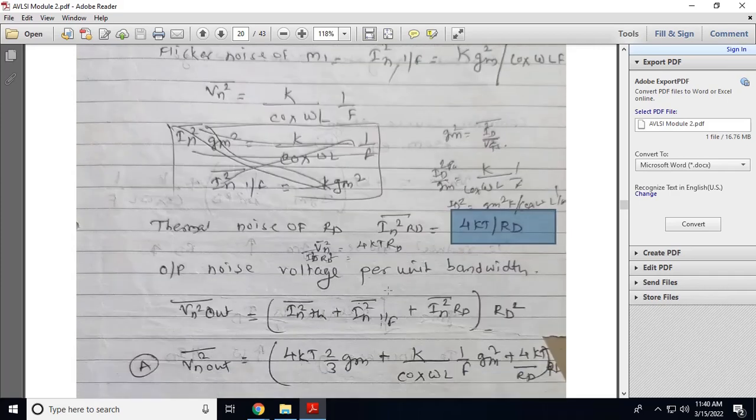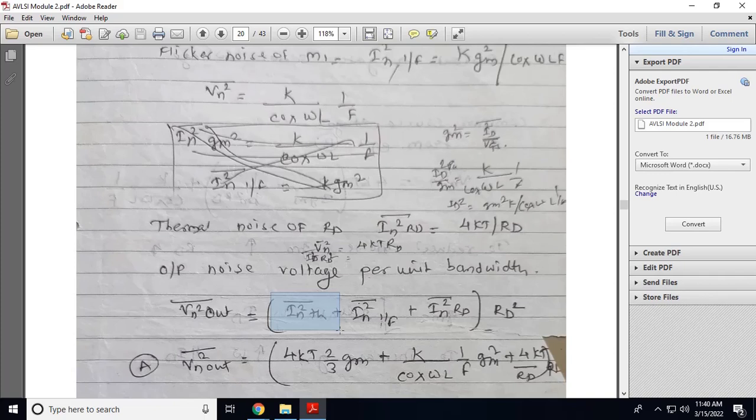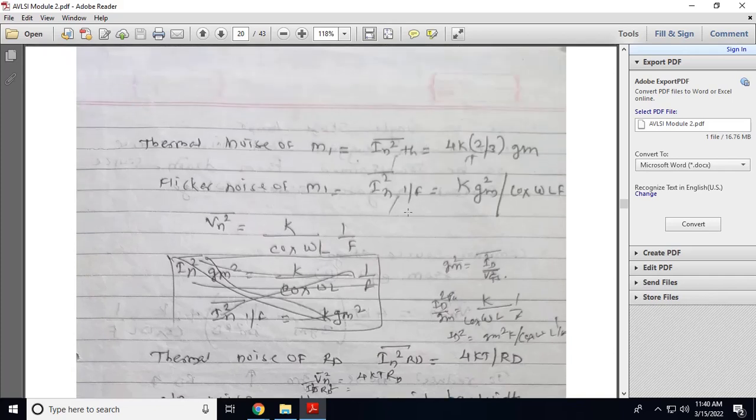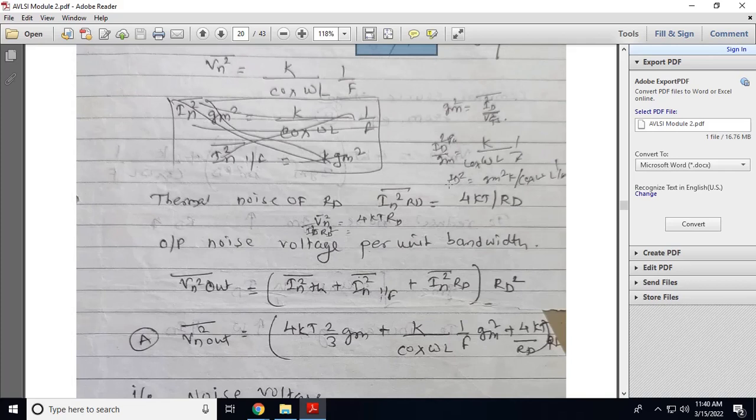The output voltage is equal to the addition of the thermal noise of the transistor, the flicker noise of the transistor and the thermal noise of the resistance. So we add these three currents: the thermal noise current of M1, the flicker noise current of M1 and the thermal noise of the resistance. The sum of these three currents is multiplied by resistance square.